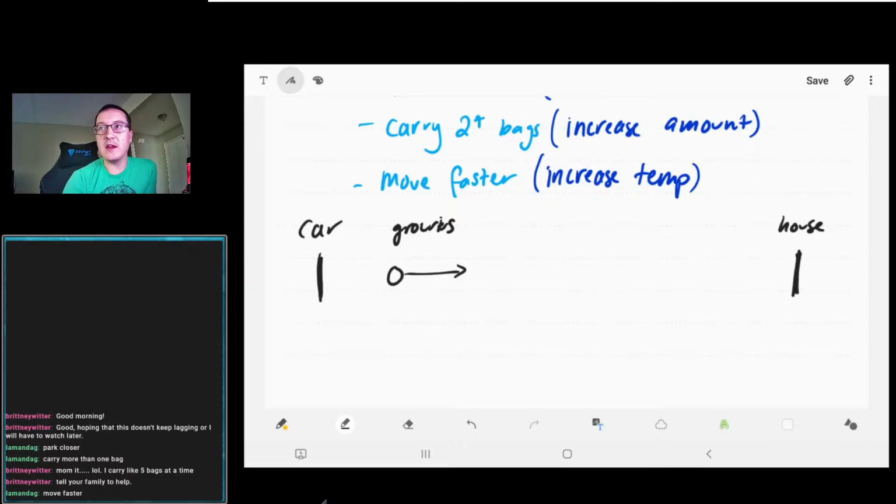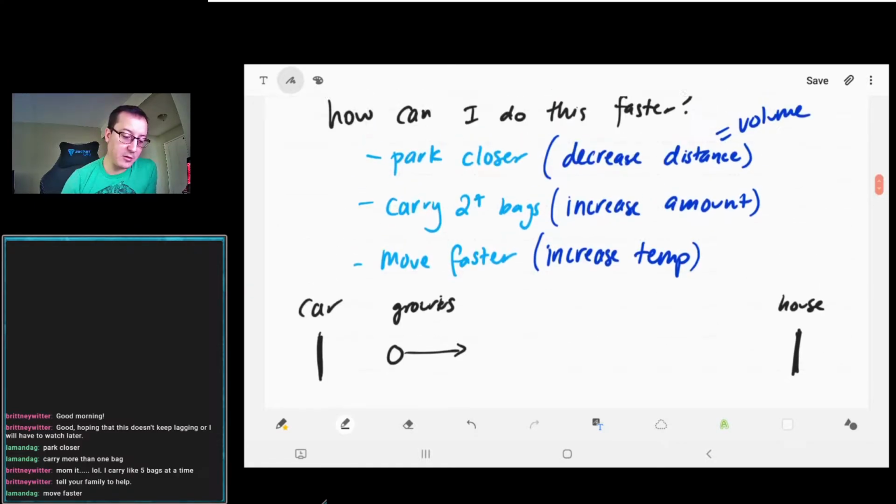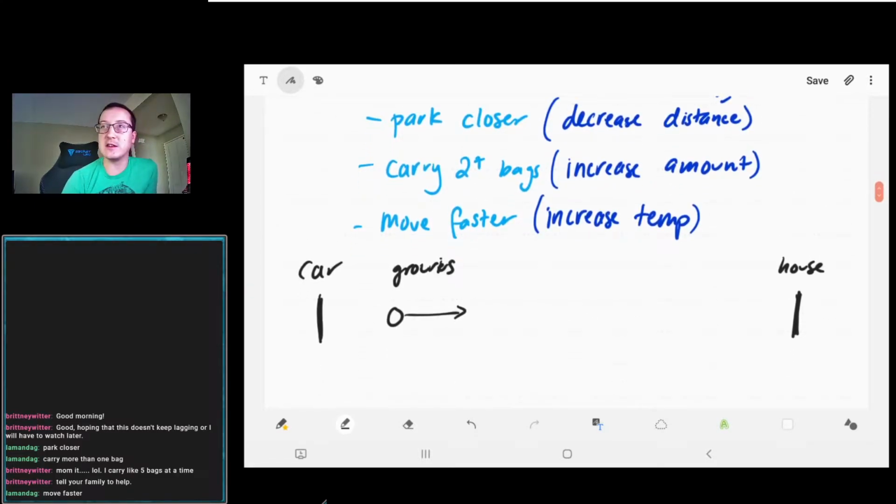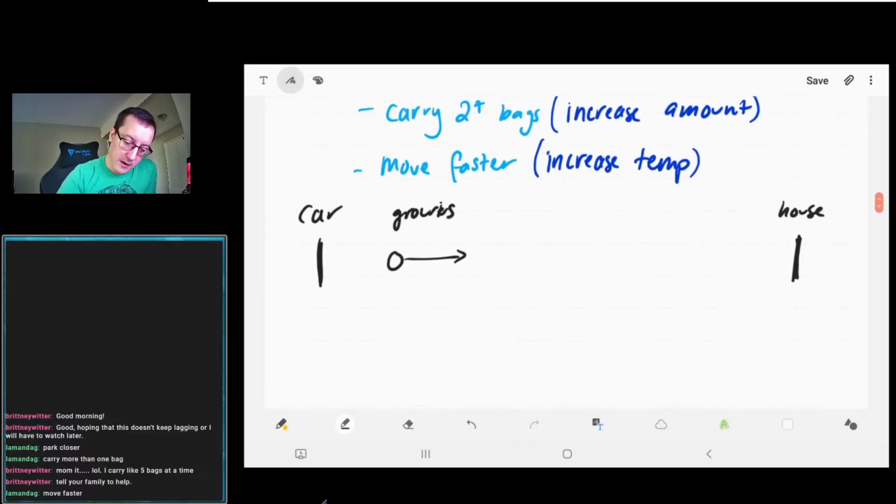So we saw that we could do 3 things to change this. The first one that you guys said was to park closer. If this gas particle is moving at the same rate, it's going to bonk into the walls more often, right? It hits the wall on the right, turns around, hits the wall on the left, turns around, hits the wall on the right, forever.